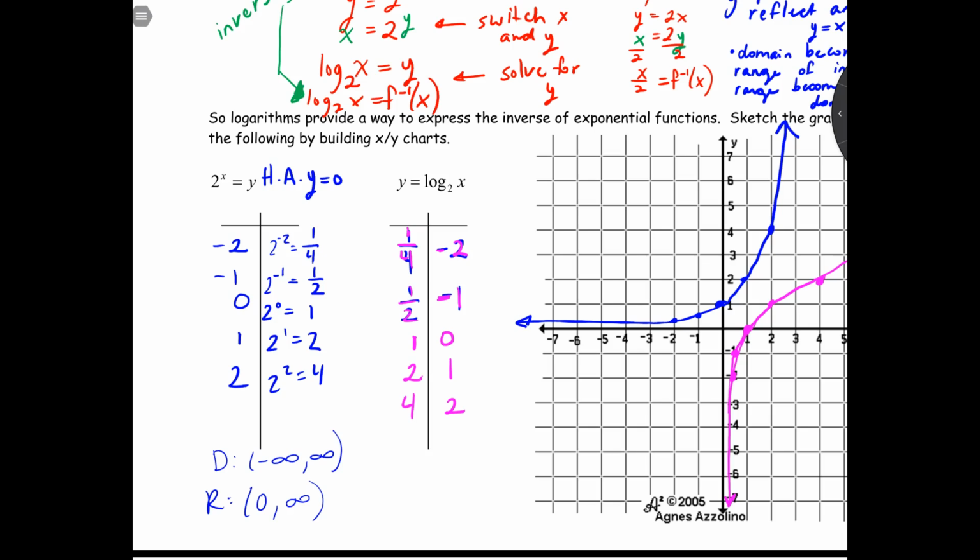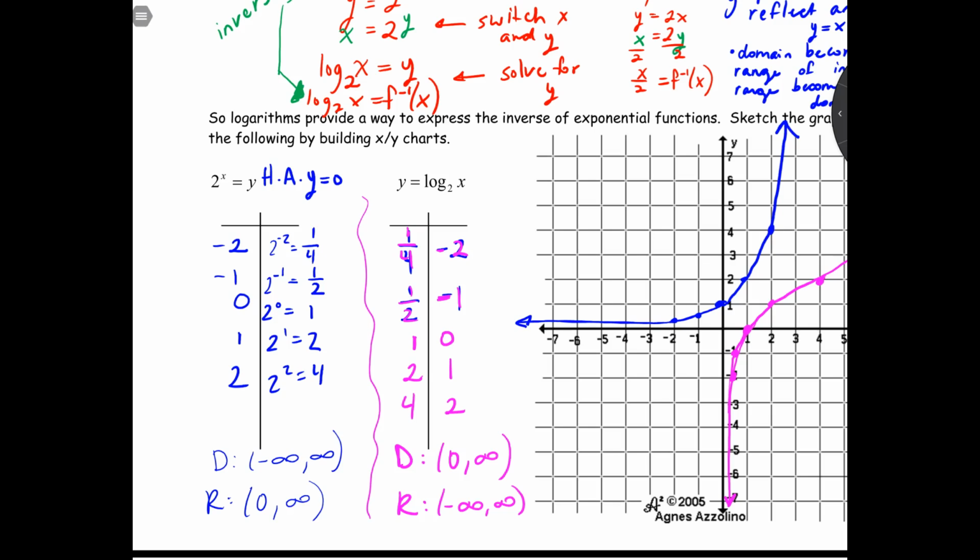So if I'm thinking about the logarithm graph, since it is an inverse, the domain and the range are switched. So what should be the domain of the logarithm graph? 0 to infinity. Can it ever reach 0? Nope, we can't have log of 0. And then what would the range be? Negative infinity to infinity.